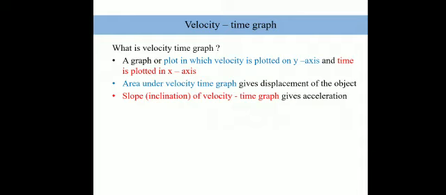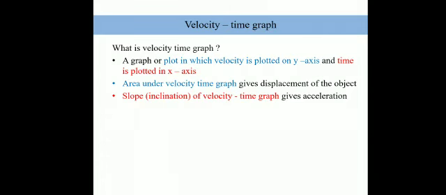If the line is inclined very little, the slope is very small. If the line is inclined too much, or has a large inclination, then the slope of the line is very high. So the higher the inclination, the higher the acceleration. The inclination of the line gives us the acceleration of the object or vehicle which is traveling or in motion.